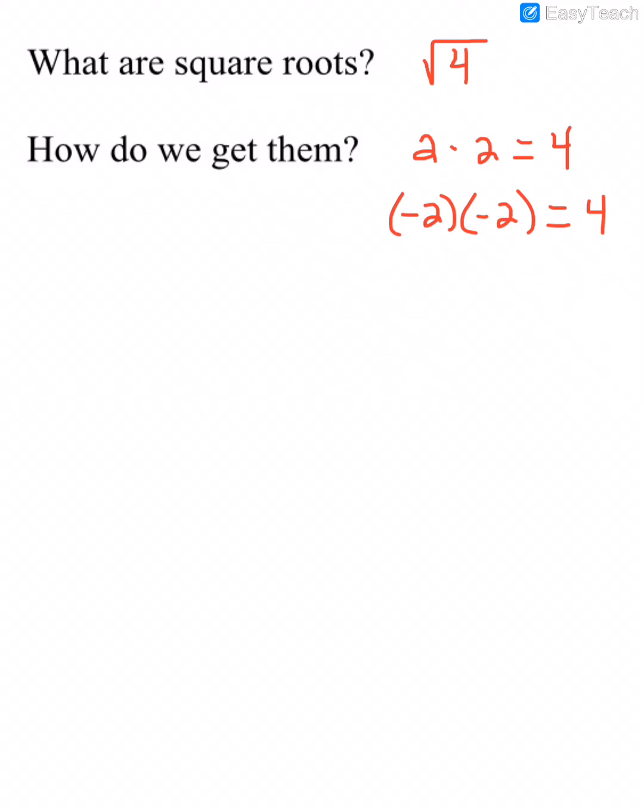That's why when we're taking the square root of a number, like for example, if I wanted to find the square root of 9, I would say that the square root of 9 is plus or minus 3, because 3 times 3 is 9, but negative 3 times negative 3 is also 9.